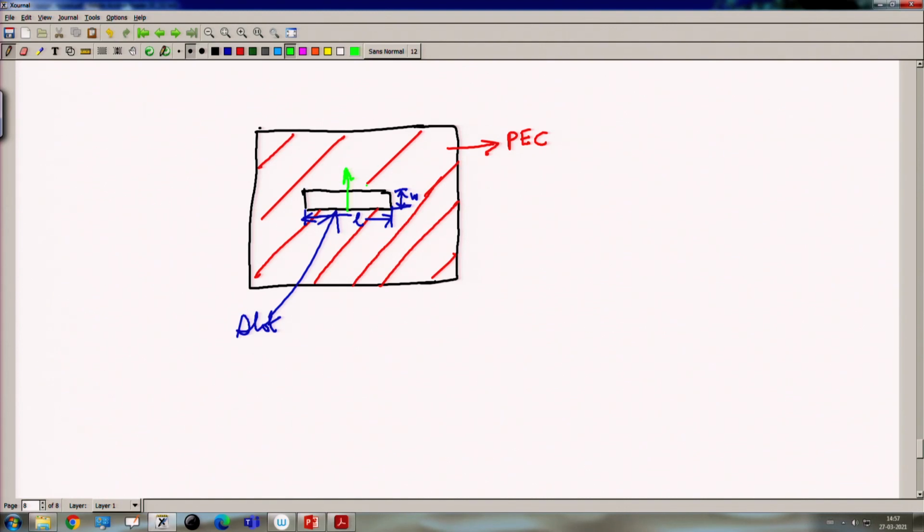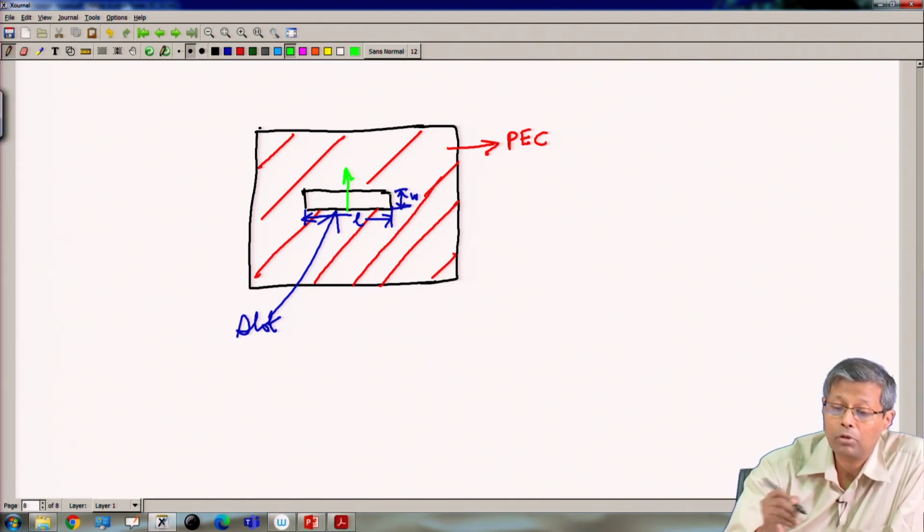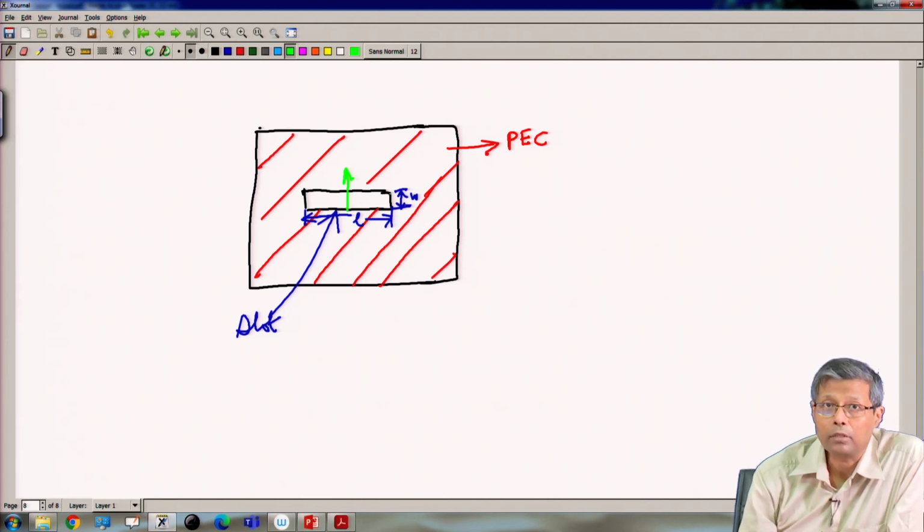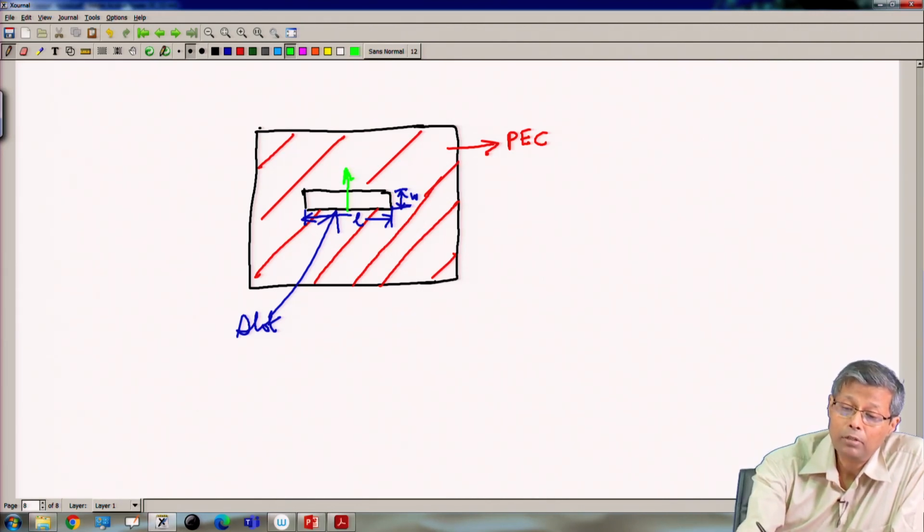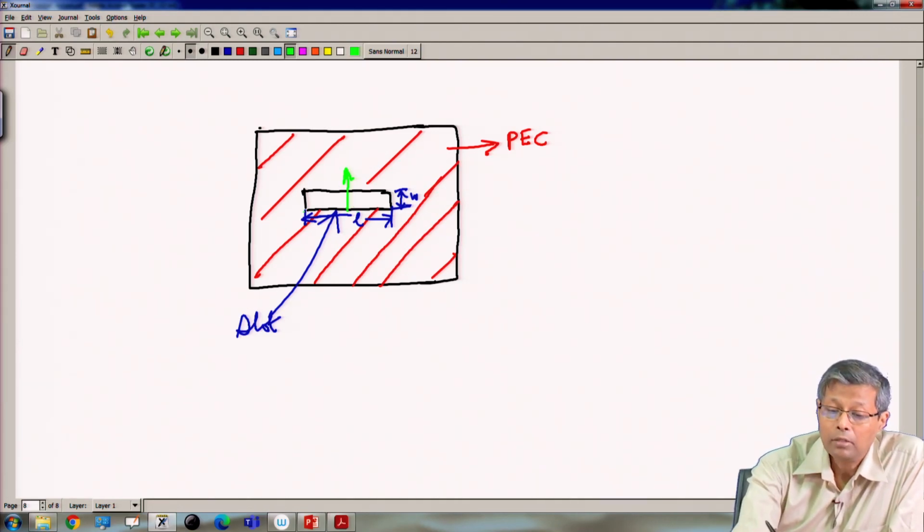The width of the slot is also much smaller than the length, because otherwise a component of the electric field will also develop along the length and will contribute to the cross pole radiation, which we do not want. So, the width of the slot is much smaller than the length. The maximum electric field in the slot is in the central part of the slot and the electric field distribution is of this form.